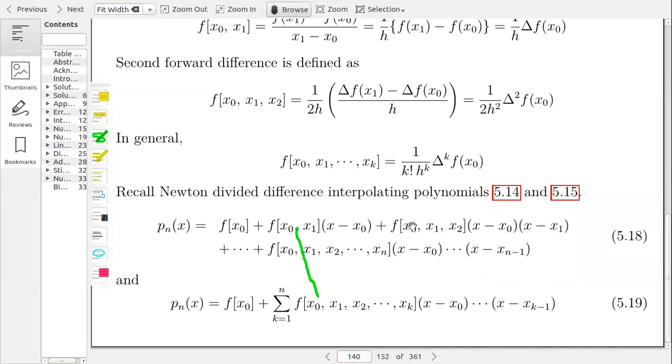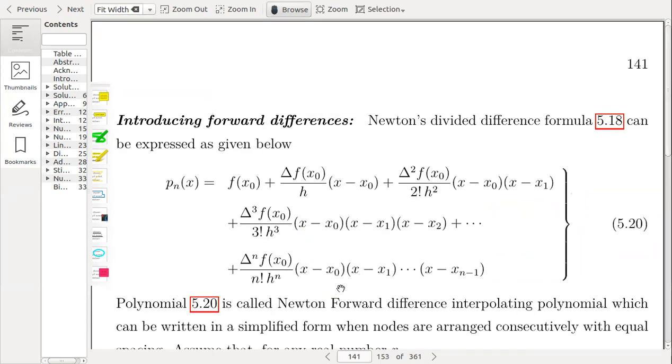So these terms can be written in the form of sums. So using the summation, next we can introduce this forward difference to make a simplified form of this Newton's interpolating polynomial.